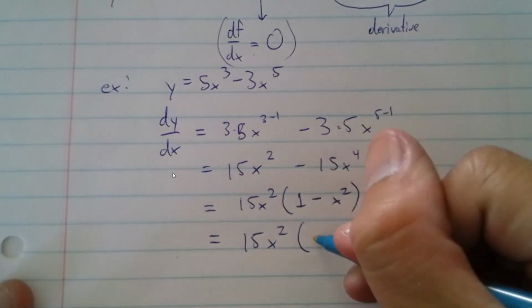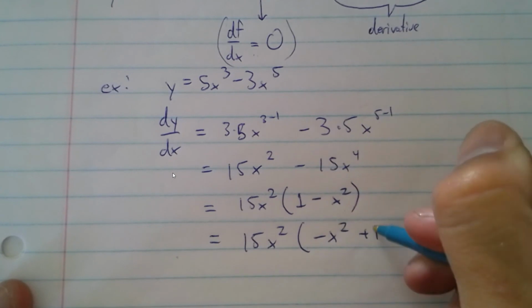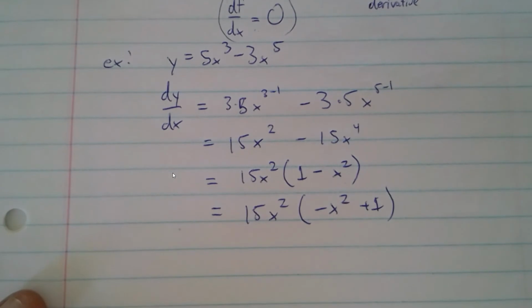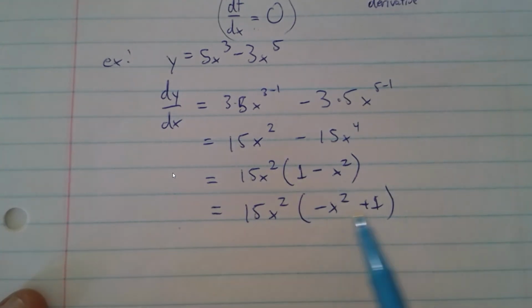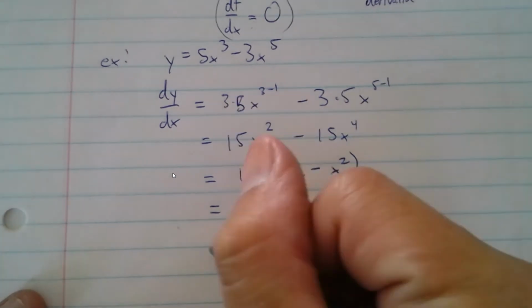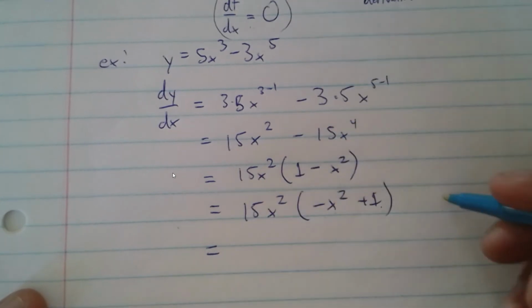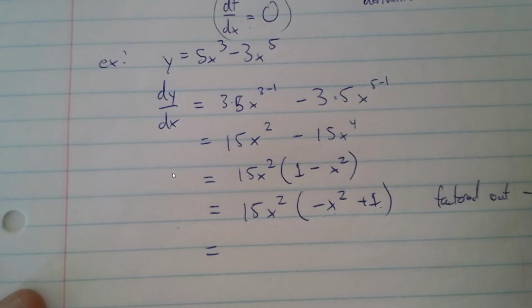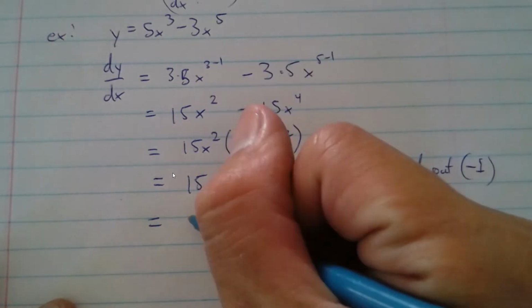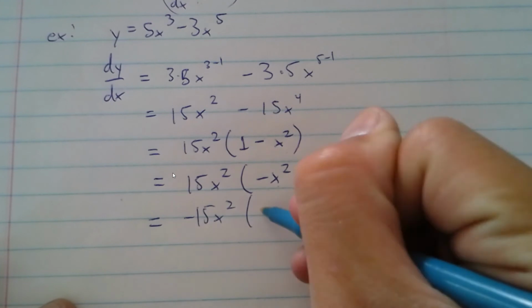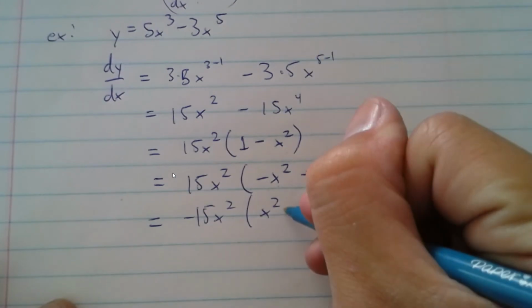I'm going to have this as minus x squared plus 1. I'm going to factor out a negative 1 from both of these numbers. So I factored out negative 1 from this step, and then it's going to be negative 15x squared times x squared minus 1.